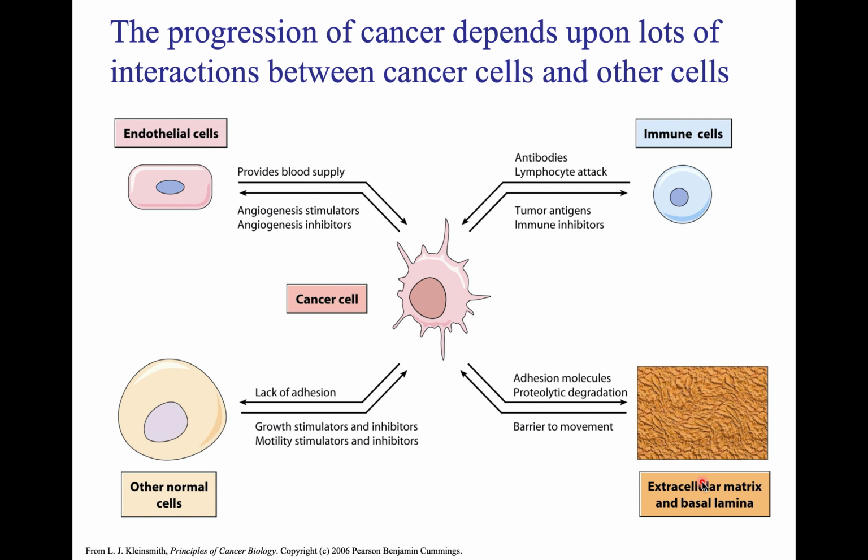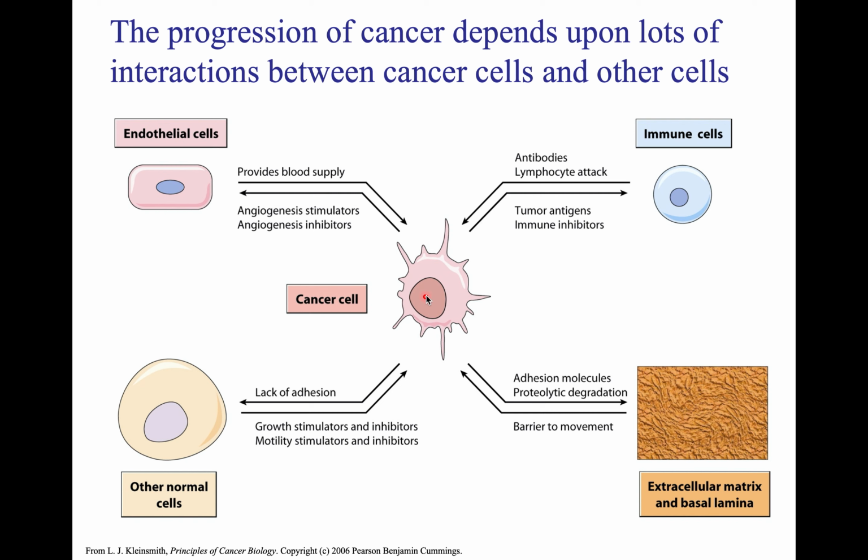And before we end here, I also just wanted to remind you that there's all kinds of interactions happening throughout this process of metastasis between the cancer cells and other cell types and other molecules throughout the body. So you've got the interaction of cancer cells with endothelial cells in terms of angiogenesis and in terms of being able to invade the circulatory system. You, of course, have almost constant interaction with immune cells, especially within the circulatory system or the lymphatic system.